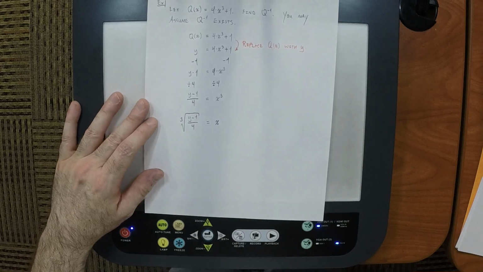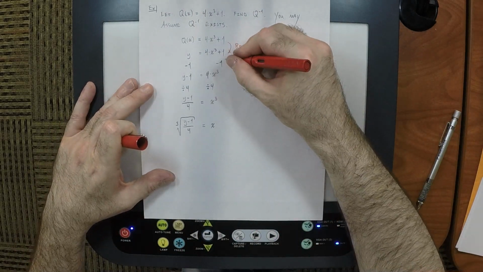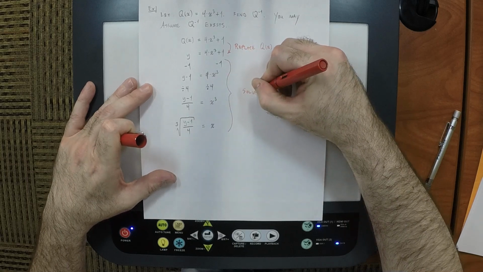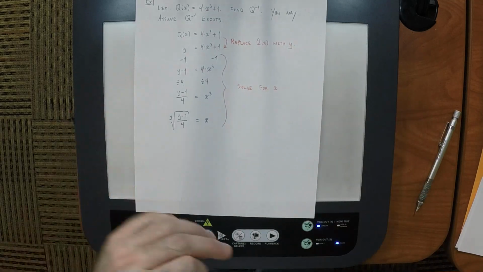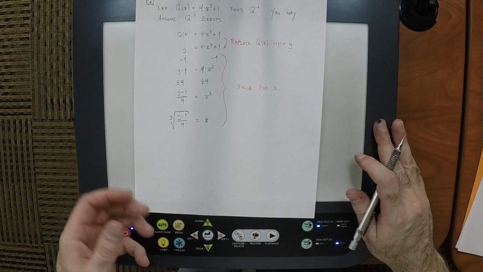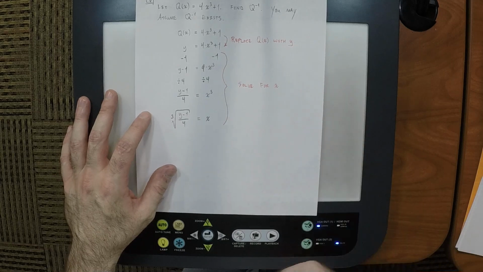All right. So all of this was solve for x. We did it in 3 or 4 steps there. In general, it could take fewer steps or more steps, but you've got to get it figured out.